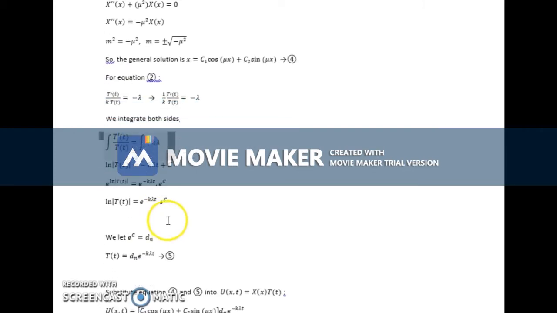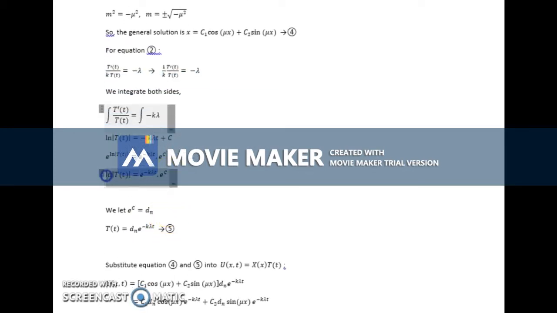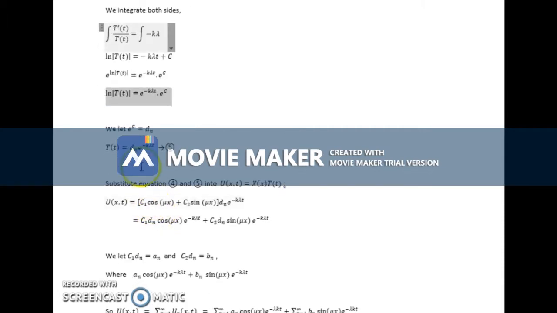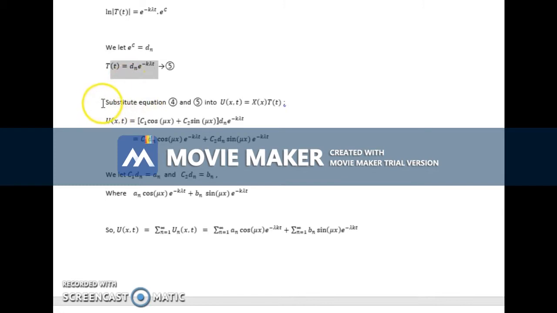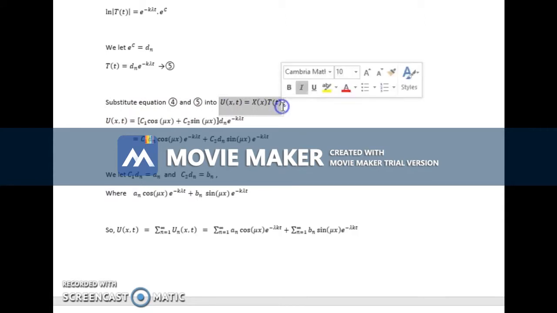So we get this equation, then we can let e to the power of c equal to dn, and we let T be this, equal to equation number 5. We can substitute equations 4 and 5 into our first equation, which is u(x,t) equal to X(x)T(t).